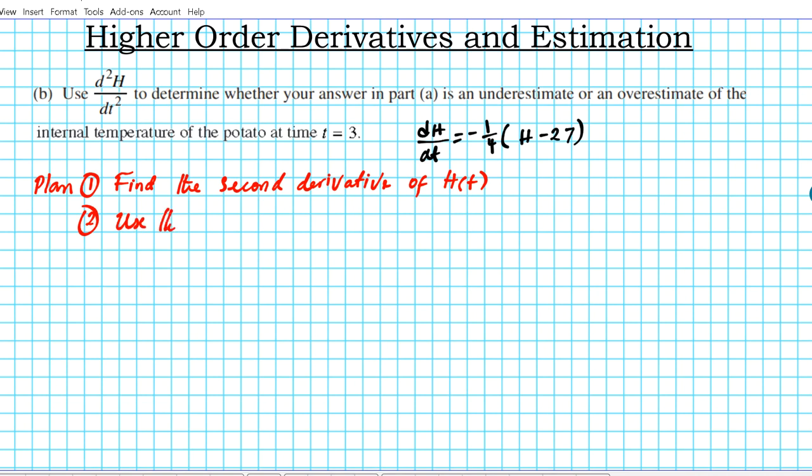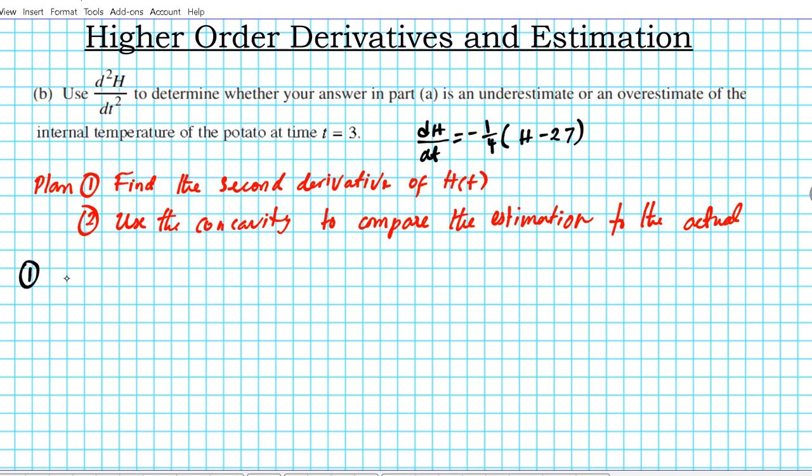We're going to use the concavity to compare the estimation to the actual. Is it over or under? The concavity can tell us exactly what we need to know concerning that. Okay, so let's start with the first part.